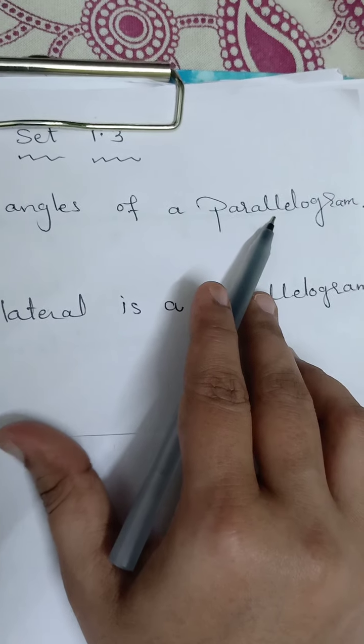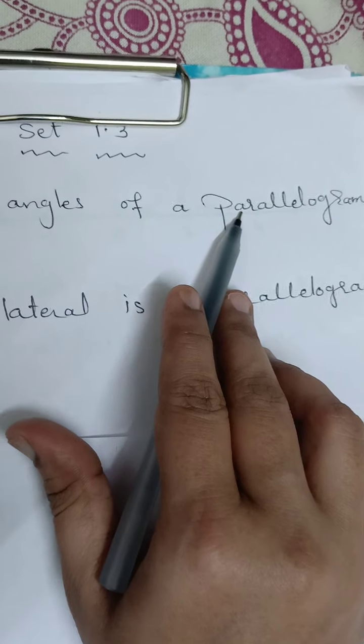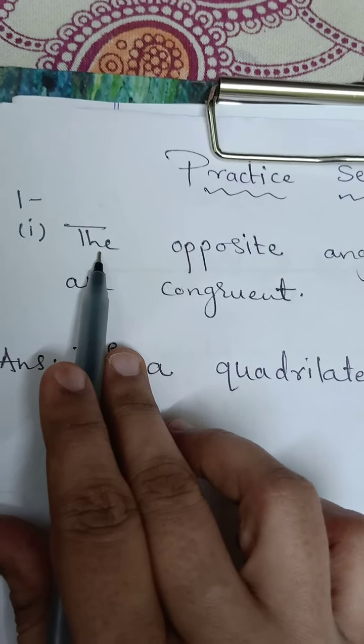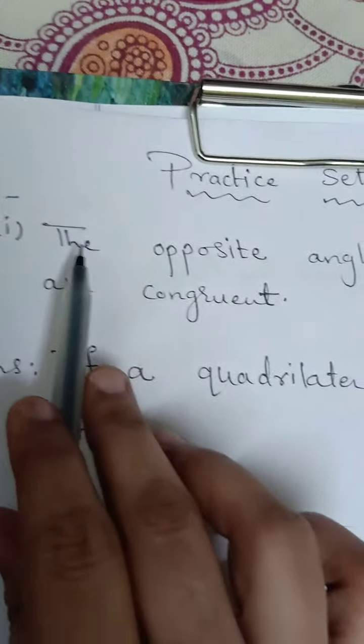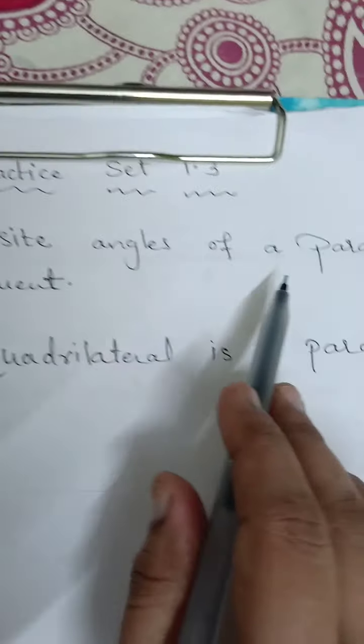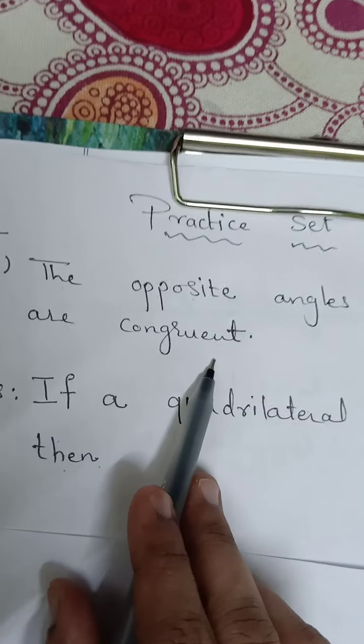In the place of the name of this quadrilateral, we have to use the words that quadrilateral. Now I will explain it again. After then we have to start from this statement: then the opposite angles of that quadrilateral. In the place of parallelogram we will take that quadrilateral are congruent.